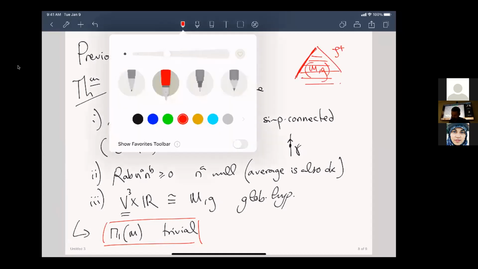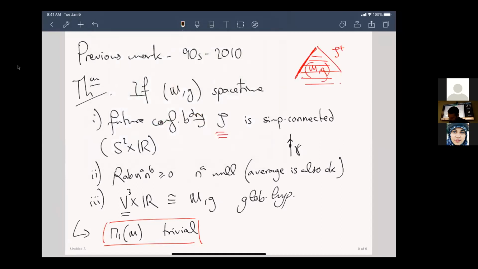M is just I plus of scri minus intersection I minus of scri plus. So it's everything in the past of scri plus intersecting everything in the future of scri minus. That's the sense in which there's an event horizon and a black hole.